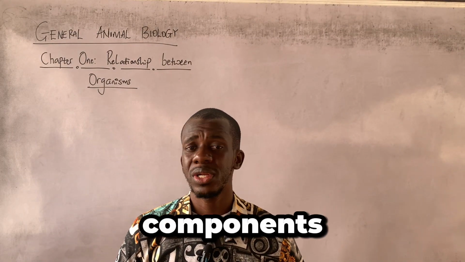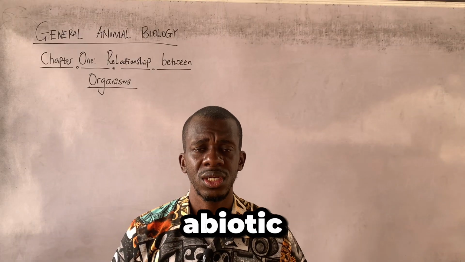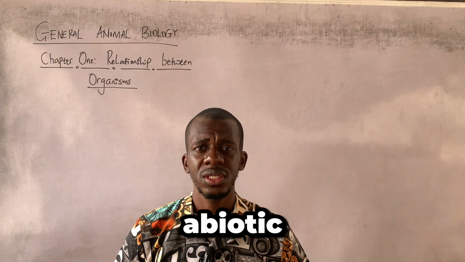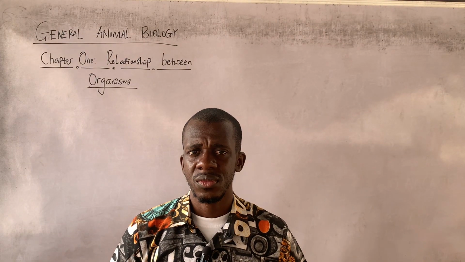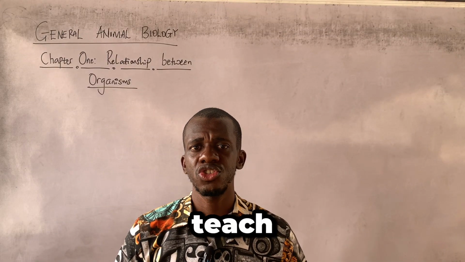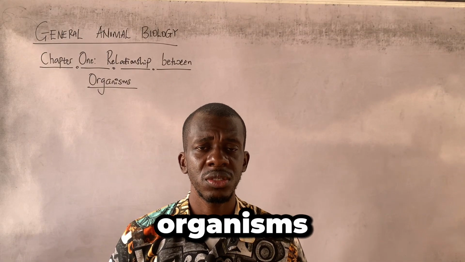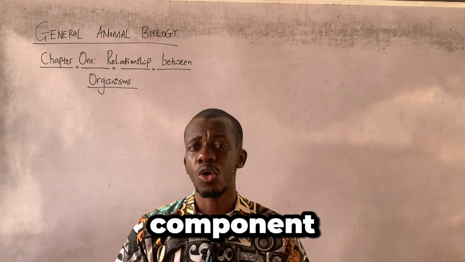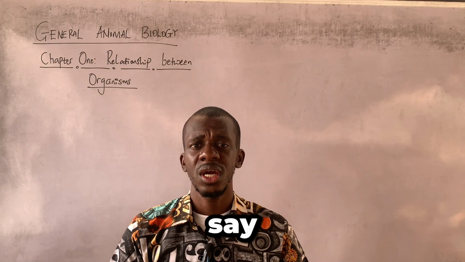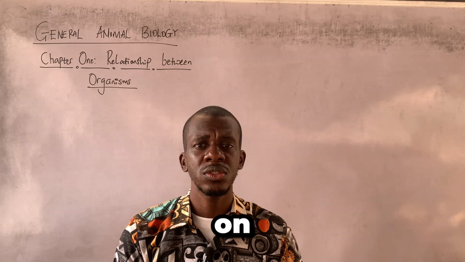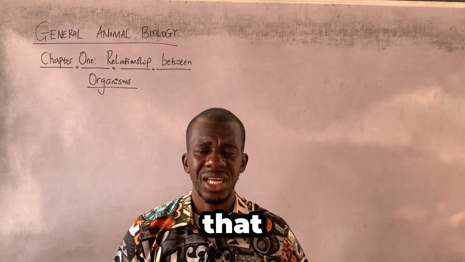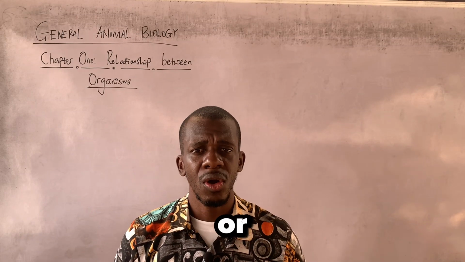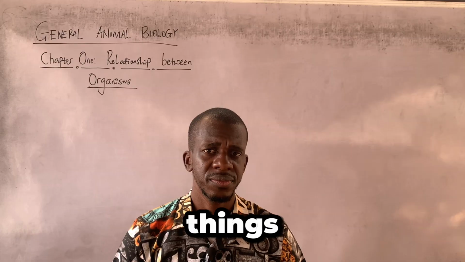Components like temperature are abiotic, humidity is abiotic, and what have you. So when we teach on interrelationship between organisms, our focus is mainly on the biotic component. That is to say, our focus is mainly on the association that exists between or among living things.